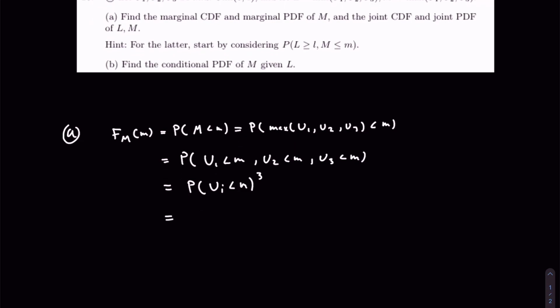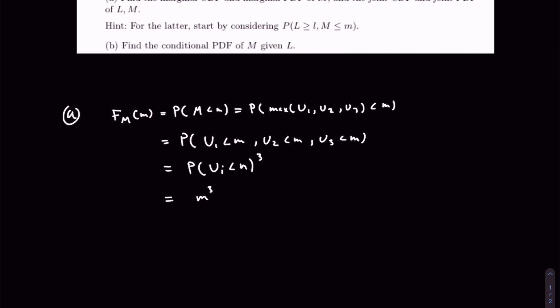And this is the same thing as writing, because of the uniform distribution, the CDF of M is m cubed, because that's the probability. We have a uniform probability over that region. So that's good, and I should also point out that the support here for M goes from 0 to 1.